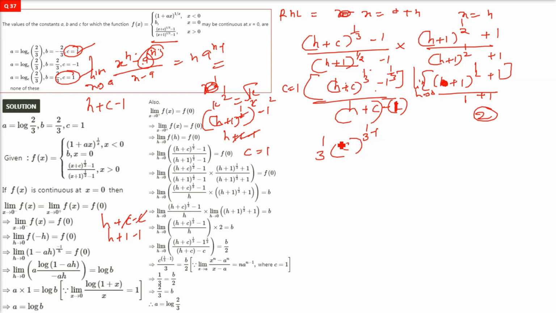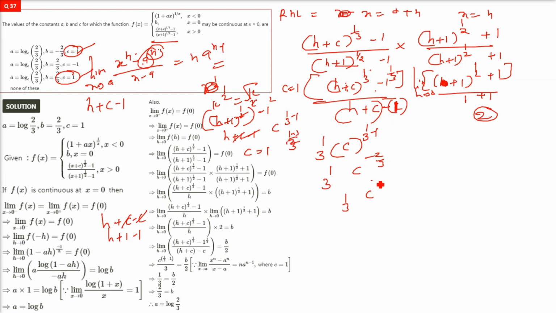Now 1 to the power anything is going to be 1 only. It doesn't matter, we are taking c as 1, which is already given in the answer options. So we can either use c as 1 or use c equals minus 1 and then try to solve it. But 1 to the power minus 2 by 3, or whatever it is, 1 to the power anything is 1 only.